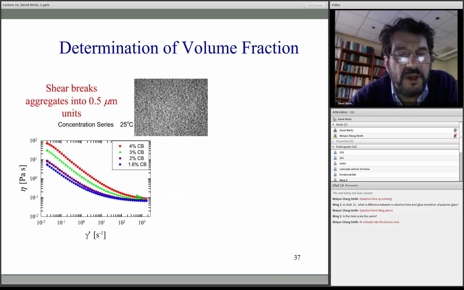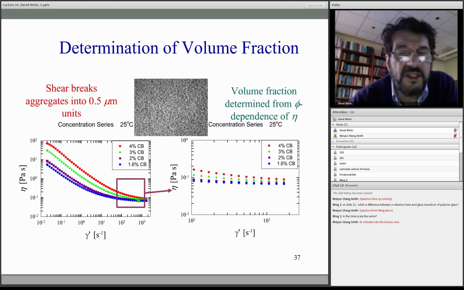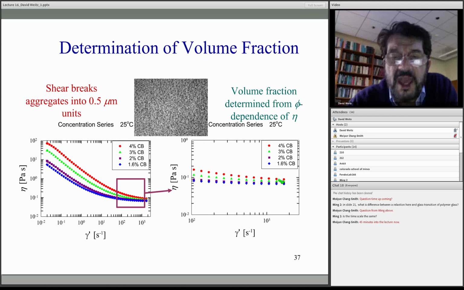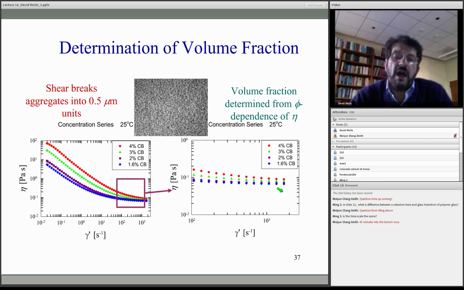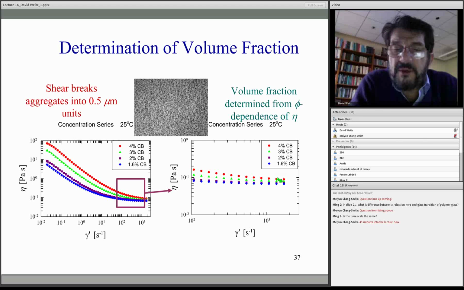And now what you can do is look at the viscosity in this fully dispersed phase. If you look at that here, this is at high shear rates. Then you see that they asymptotically approach a value where there's now a very weak dependence of viscosity on the weight fraction. But there is a dependence. And this dependence you can just use.